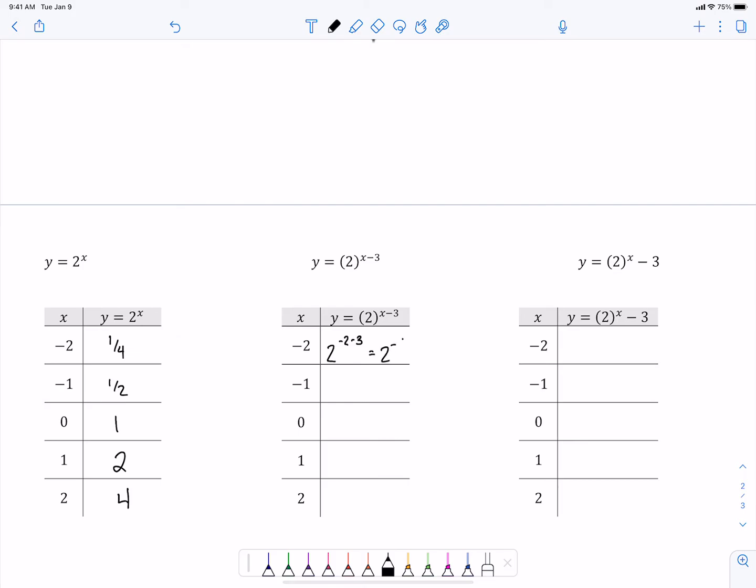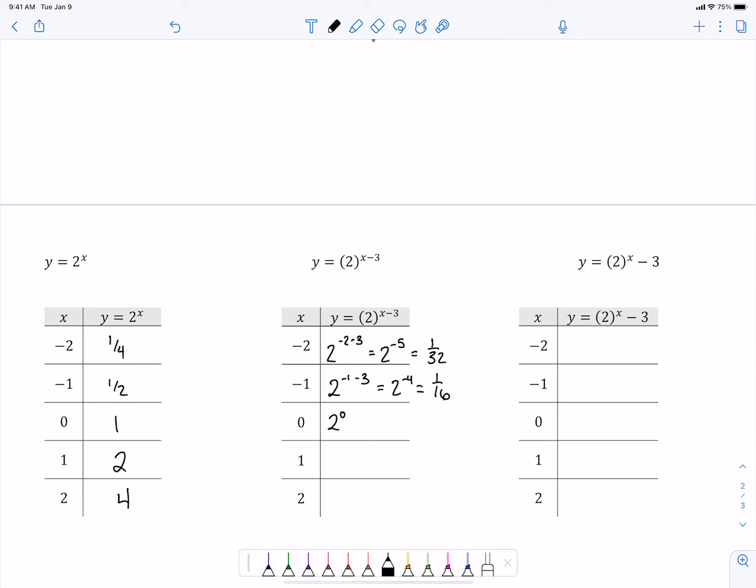So we're going to get 2 to the negative 5, which, oh man, now I've got to remember what 2 to the 5th is. That's 32, so this is 1/32. And if we do this here, we get 2 to the negative 4, which I believe is 1/16.